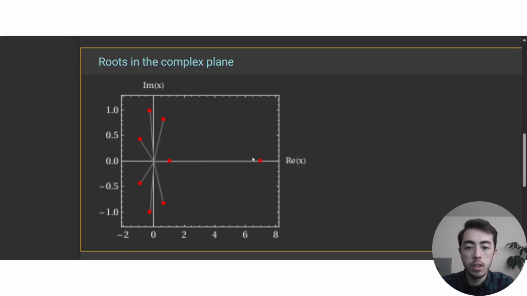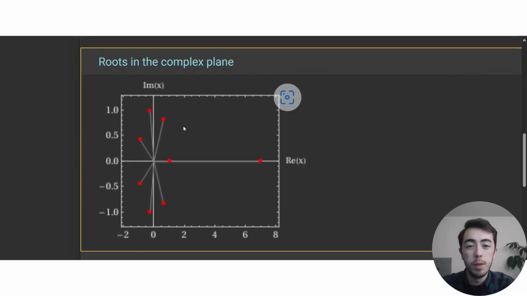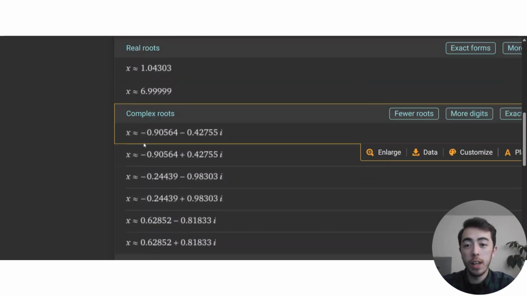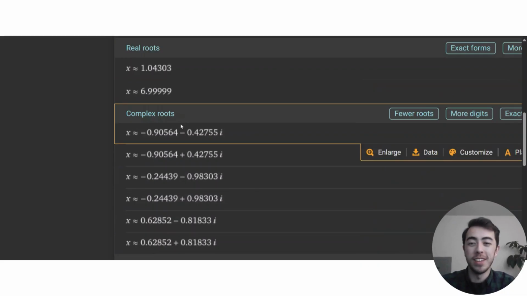Here's that 1, here's that 7, and then these 6 complex roots, you can think of them on this complex plane where they aren't going to show up on that Desmos graph because that only shows us real numbers. Here we can see all 8 of our roots. Now having all 8 of our roots, we can just add them all up and hopefully we get 7.